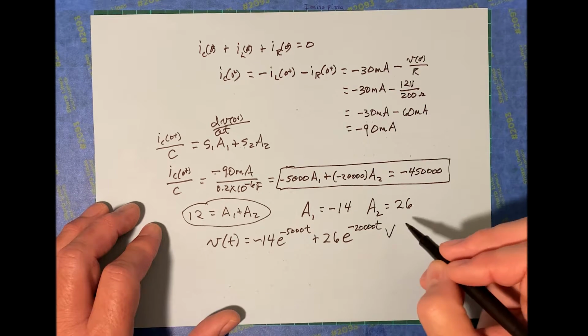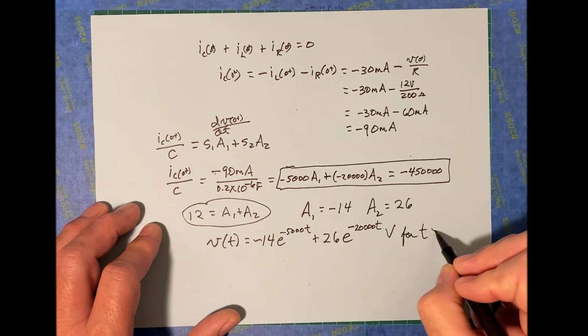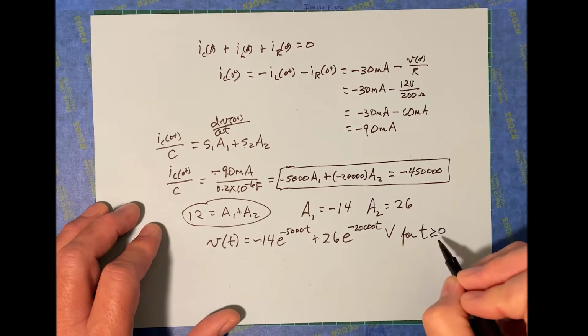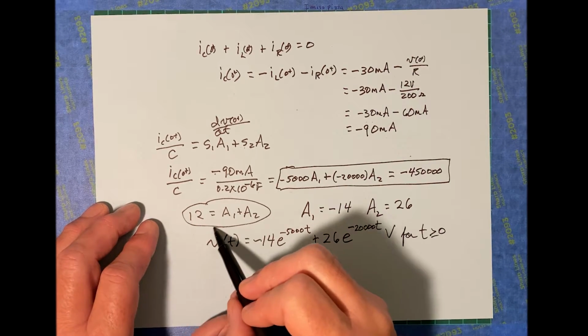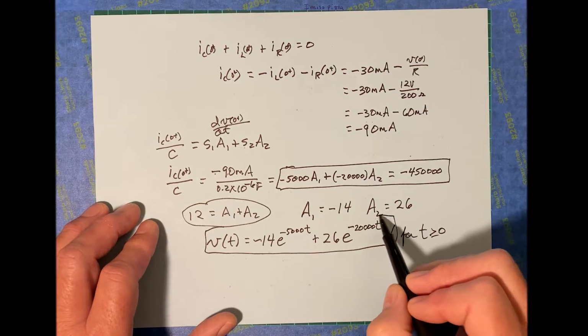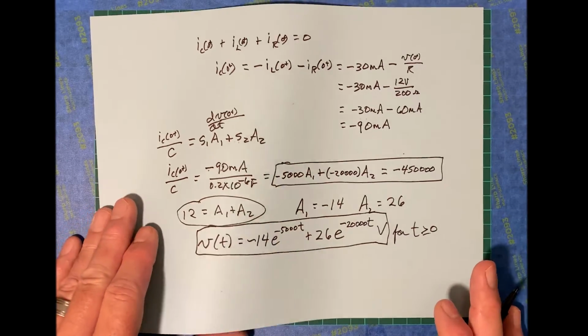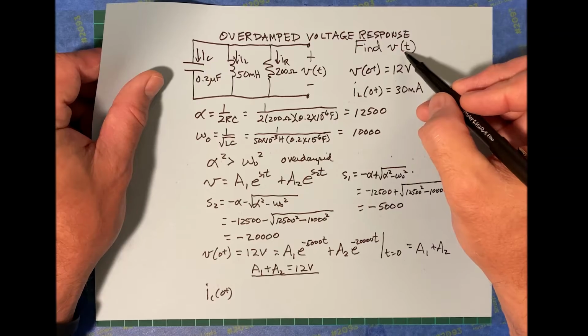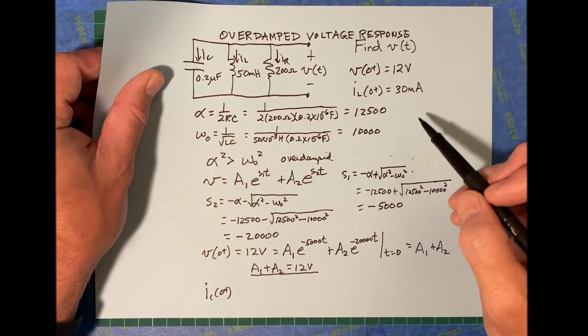And that is volts, and that is for t greater than or equal to 0. So there is our voltage function. There's our answer. We were asked to find V of t. That's the voltage with respect to time.